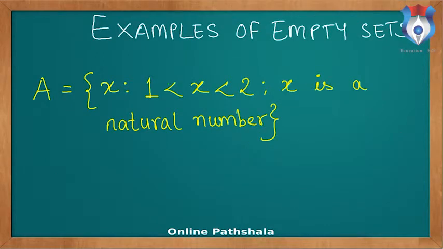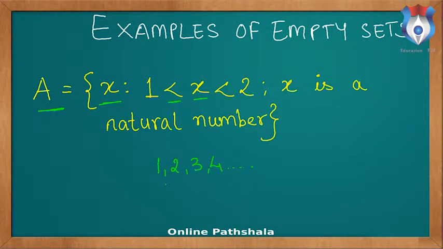Let us look at a couple of examples. Let us say that we have a set A which comprises all elements x such that x is greater than 1 but x is less than 2, and the condition is that x is a natural number. Now let us write down the natural numbers. We know that the natural numbers start from 1, 2, 3 and so on.